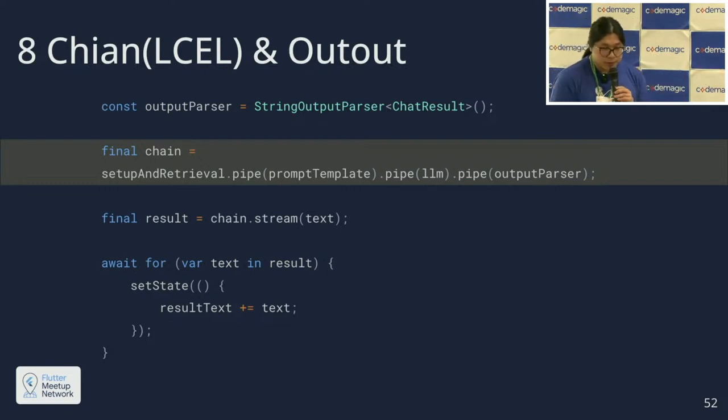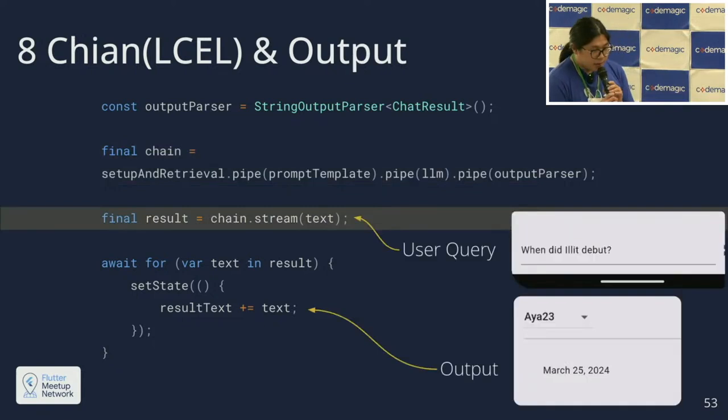Here you use variables created in previous steps. You create a chain using prompt, LLMs, and output parsers. And this code gets output based on the stream of the chain. If not using stream, you can use the invoke method.